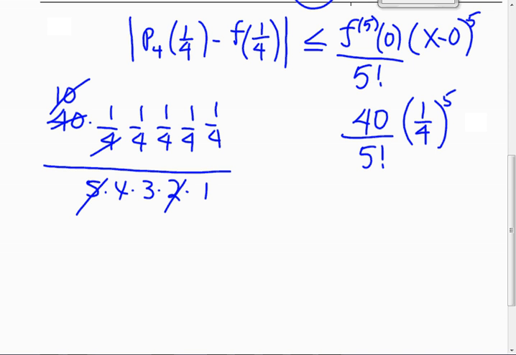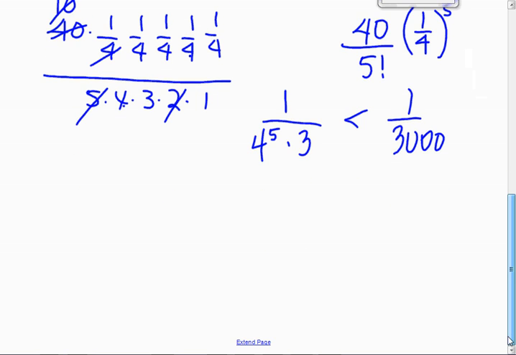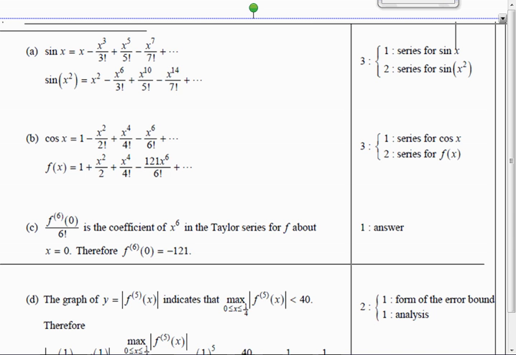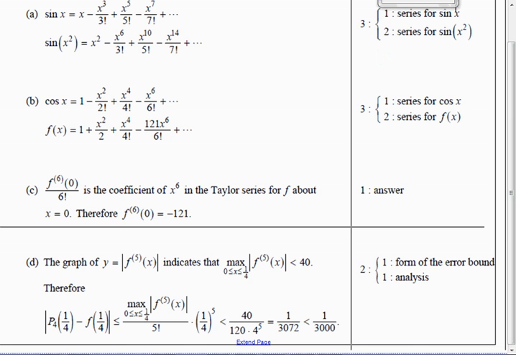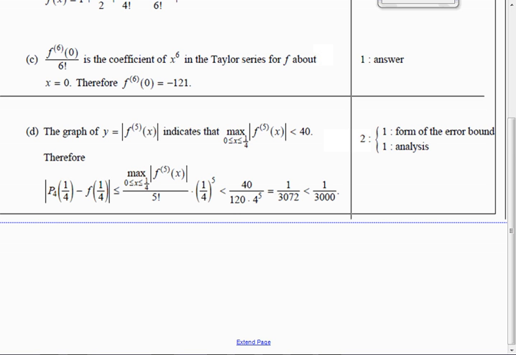You're right. So it's 1 out of 4 to the what? 1, 2, 3, 4, 5 times 3. Well, you can do it by hand. That's sufficient. You could get your calculator out. 3,072. But this is probably good enough.